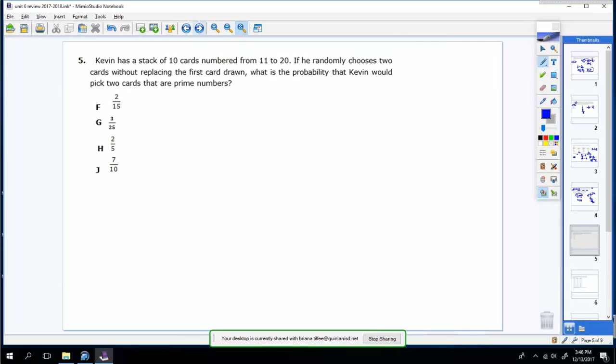Kevin has a stack of 10 cards numbered from 11 to 20. So let's do 11, 12, 13, 14, 15, 16, 17, 18, 19, 20. If he randomly chooses 2 cards without replacing the first card drawn, what's the probability that he'll get 2 prime numbers?